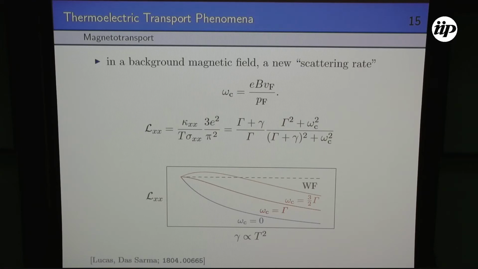And if you just plot it, what you see is that once you turn on a magnetic field, and once this cyclotron frequency becomes larger than the impurity or momentum relaxing scattering rate, this Lorentz number becomes a non-monotonic function of temperature, or more precisely, electron scattering rate. And once again, this is a simple formula that, in principle, you could fit to experiments. For example, at low temperature in gallium arsenide.